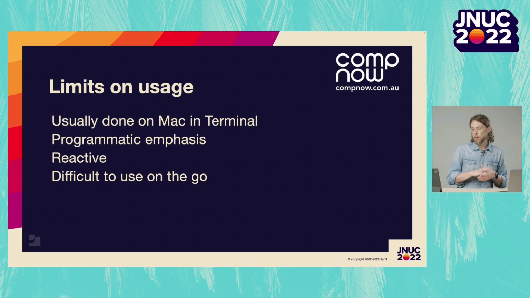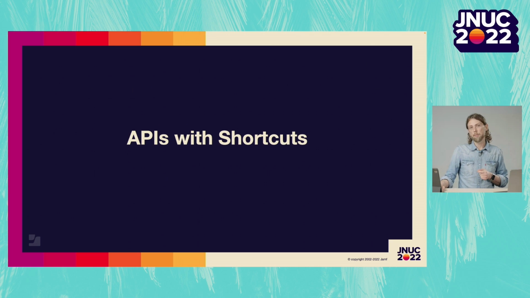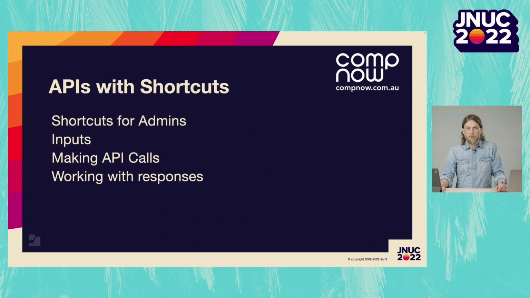So with that as a bit of a background to the two Jamf APIs we'll be focusing on today, the barriers, the limits, let's now get into a little bit about how shortcuts can make all of that a lot simpler. So I'm going to cover a few different areas under this general topic.